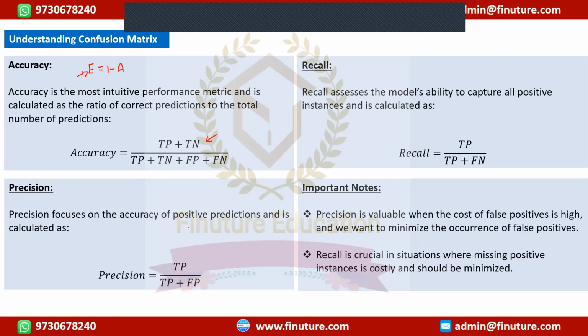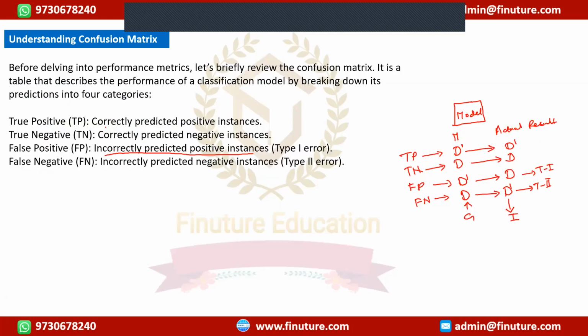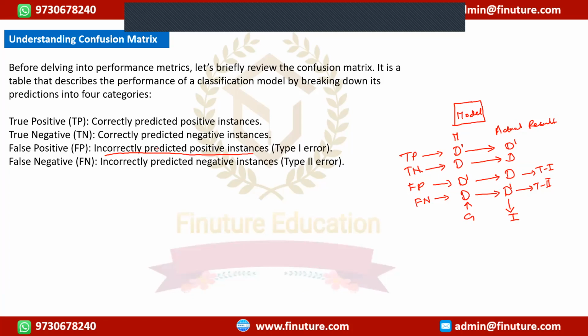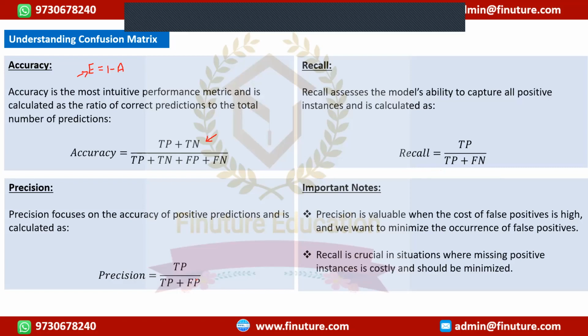Precision focuses on the accuracy of positive prediction, and it is calculated as true positive over all the positive results. When we say true positive, it is predicting an accurate result which actually turned out to be accurate. And when we say false positive, you said that it will not default, but you expected something positive and that ended up having negative results.